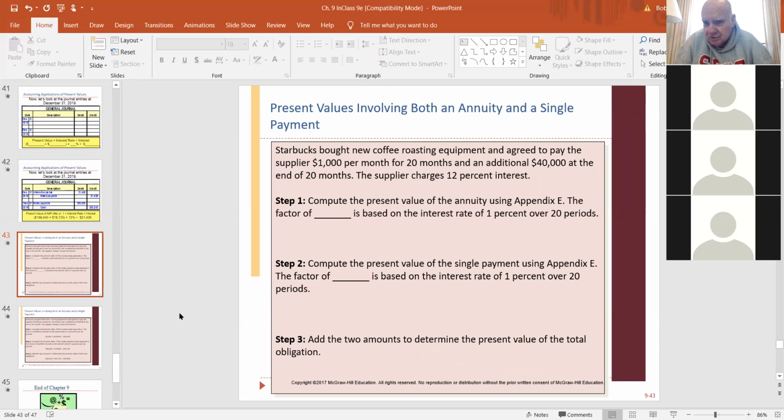You're getting your first look at a Chapter 10 bond, really. So let's take a look at this. Starbucks bought some roasting equipment and they agree to pay $1,000 a month for the next 20 months. What do we call that? What's the word we just learned for a payment of equal amounts over the same interest rate?